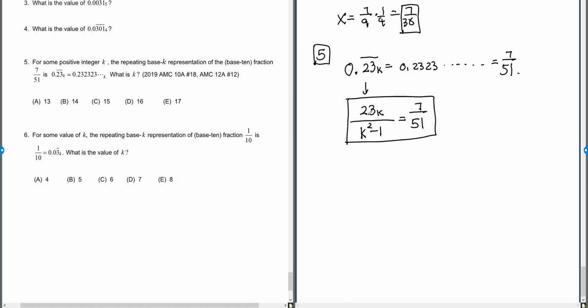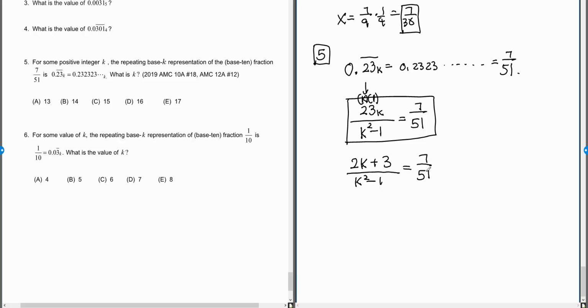Not base 10, okay? Don't be confused. So this 23 base k, when you change to base 10, what is that? 2 times k plus 3, isn't it? Times k to the 0 is 1, right? We multiply these numbers. 2k plus 3 over k squared minus 1 equals 7 over 51.